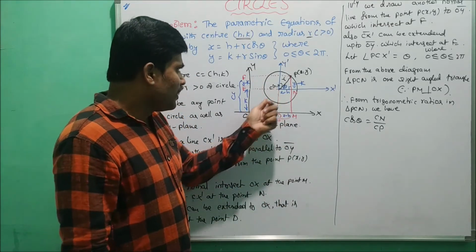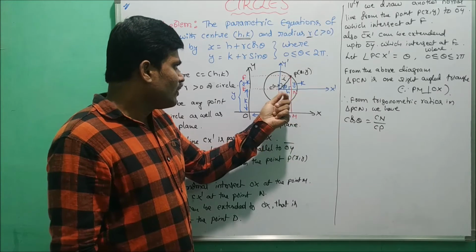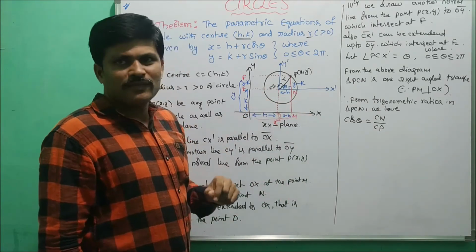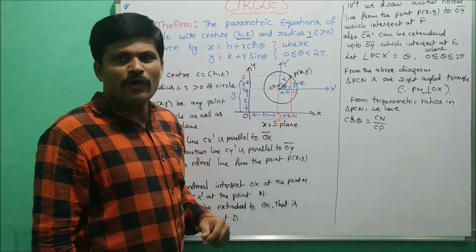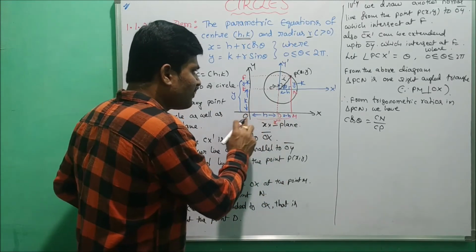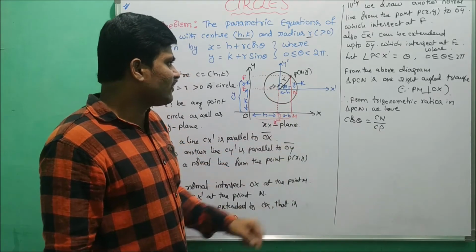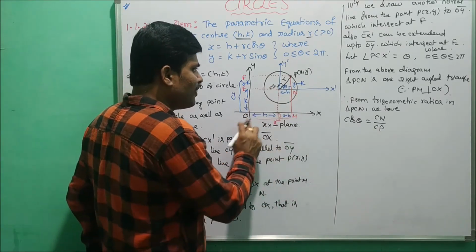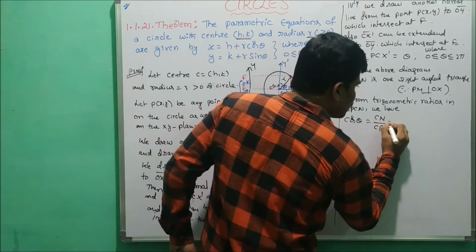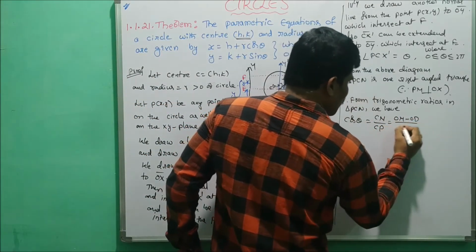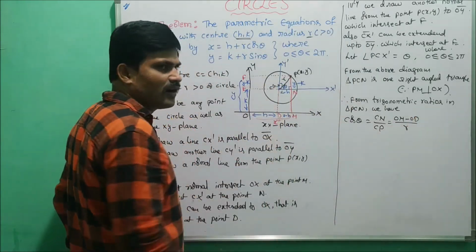Here x minus h is obtained by subtracting OD from OM. So OD is h, OM is x. Now CN can be written as OM minus OD.